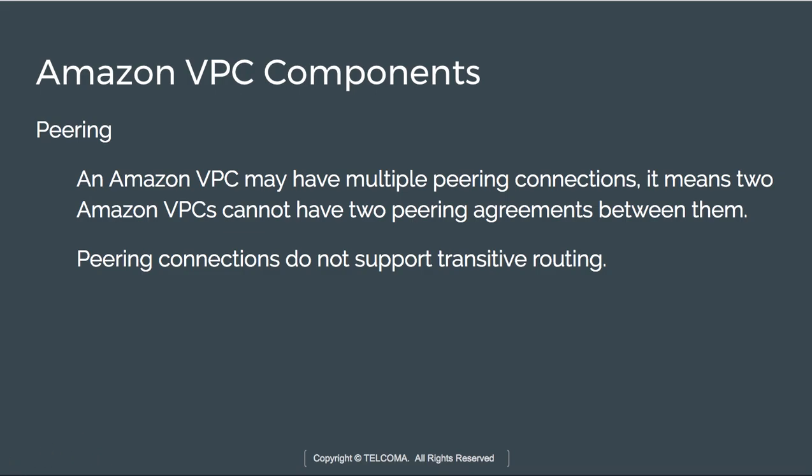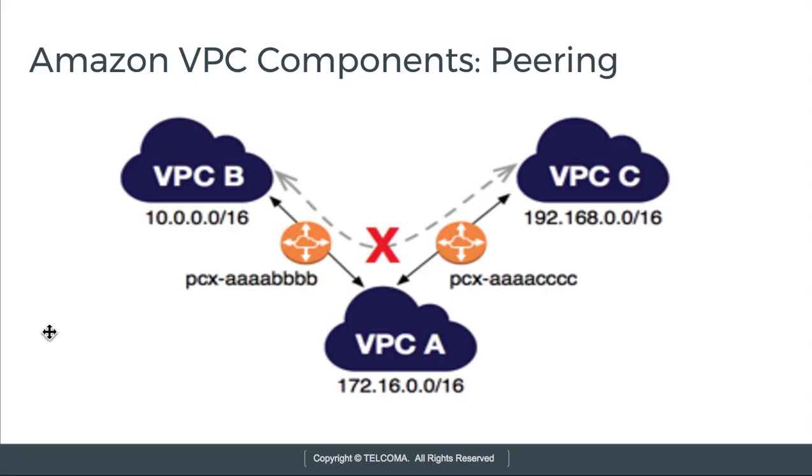Now let's discuss transitive routing. Suppose these are three virtual private clouds: VPC A, VPC B, and VPC C. We can have peering from A to B and A to C, but if A is connected to B and A is also connected to C, B is not automatically connected to C, because it does not support transitive routing.